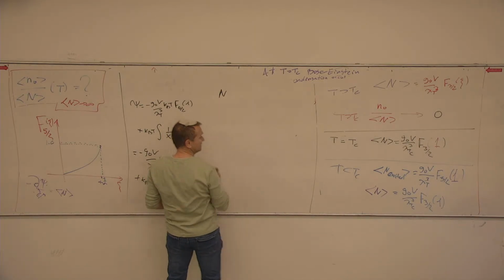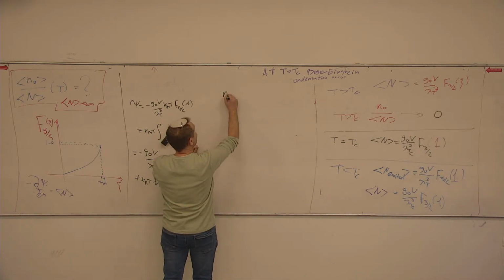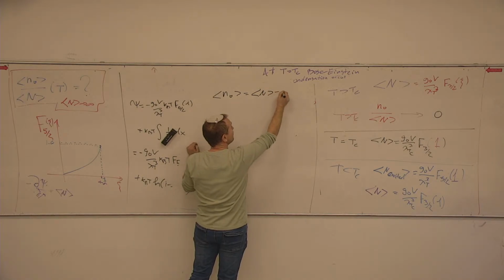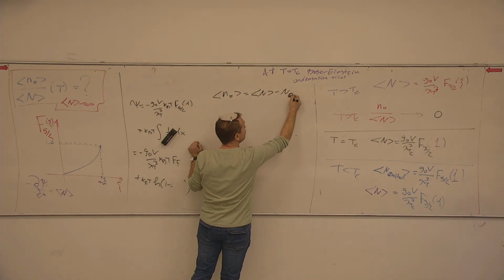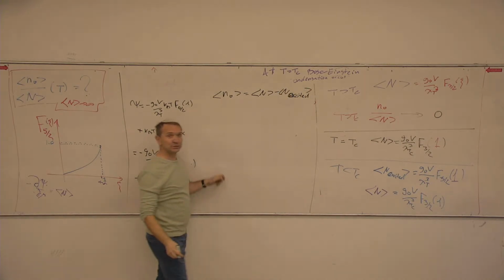Now, what is n0? Can I say that it's just n minus n excited? It's always true.